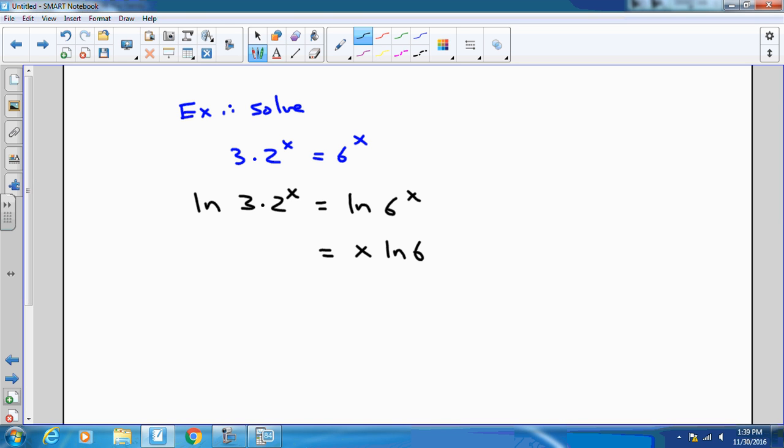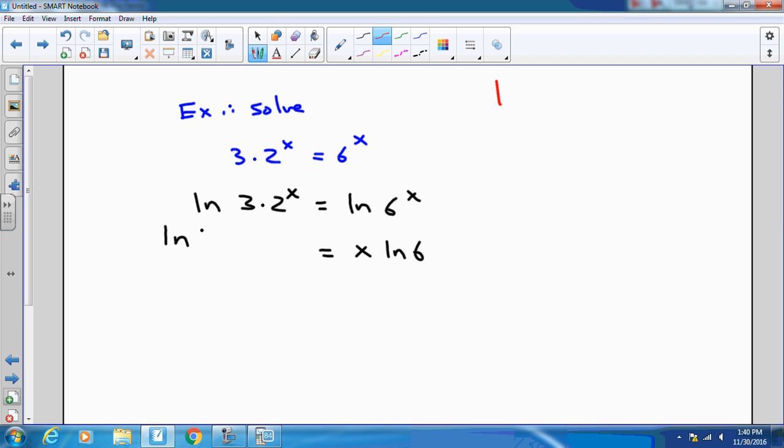Exactly. And on the left-hand side, let's go one property at a time. Which property applies first? So this is the same as? What's your A, what's your B?